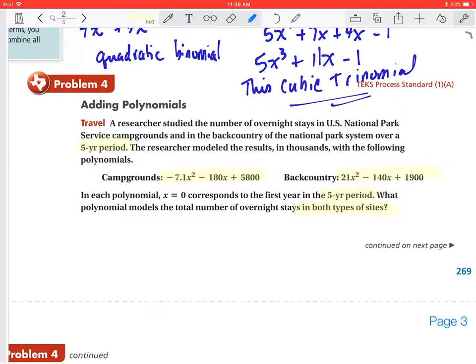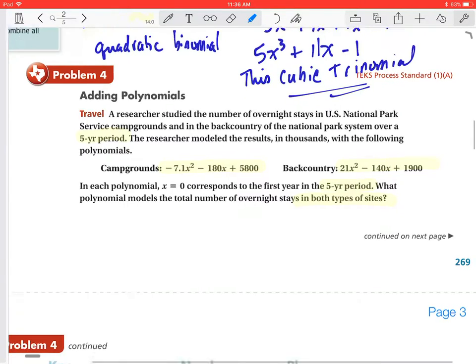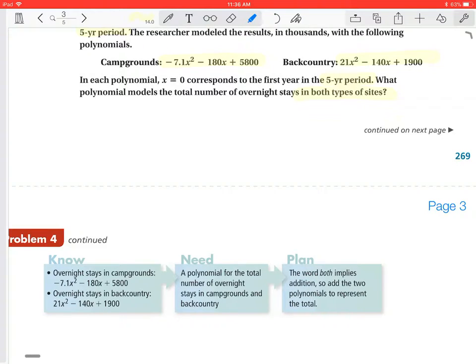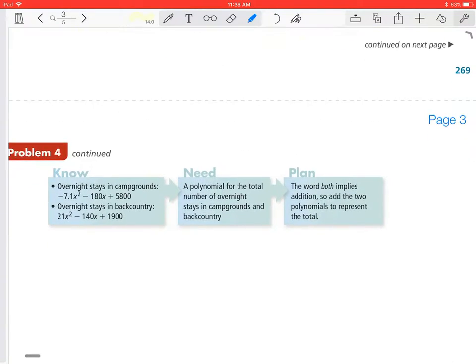So that means we're going to add these two together. We know that the overnight stays in the campgrounds is this polynomial, and the overnight stays in the backcountry are this polynomial. What we need is a polynomial for the total number of stays in campgrounds and backcountry.